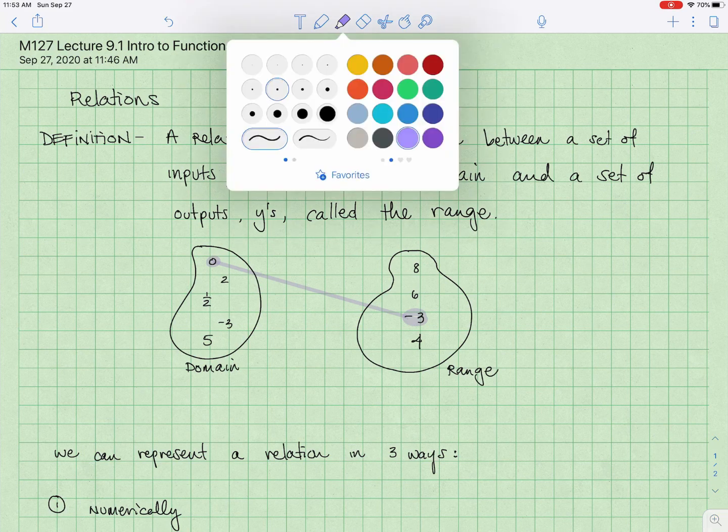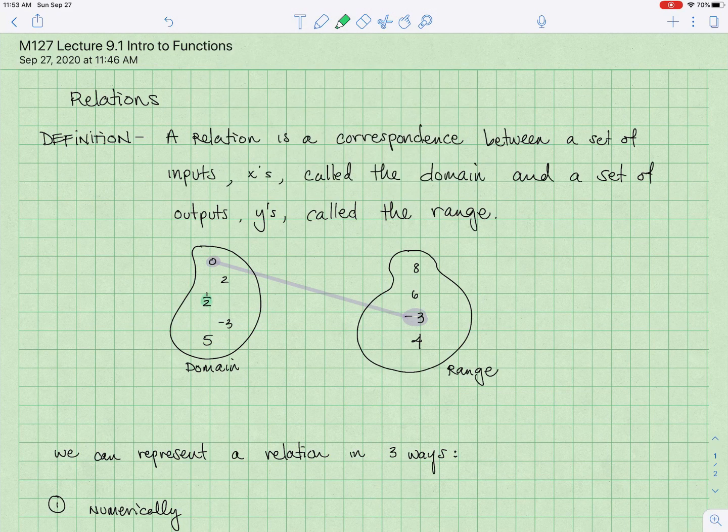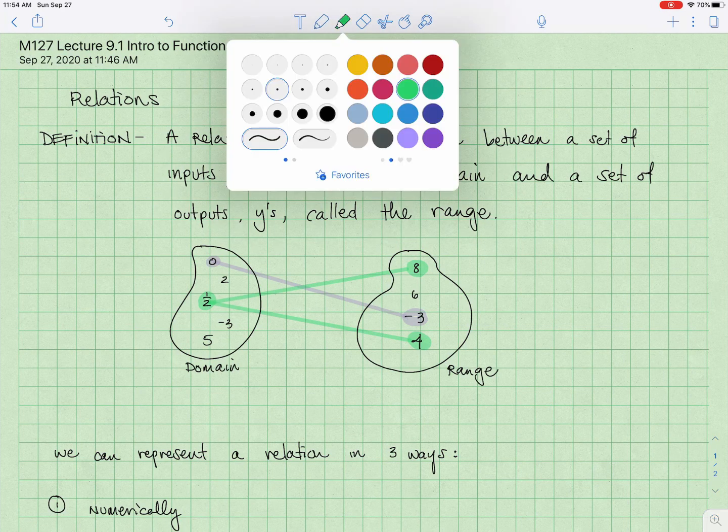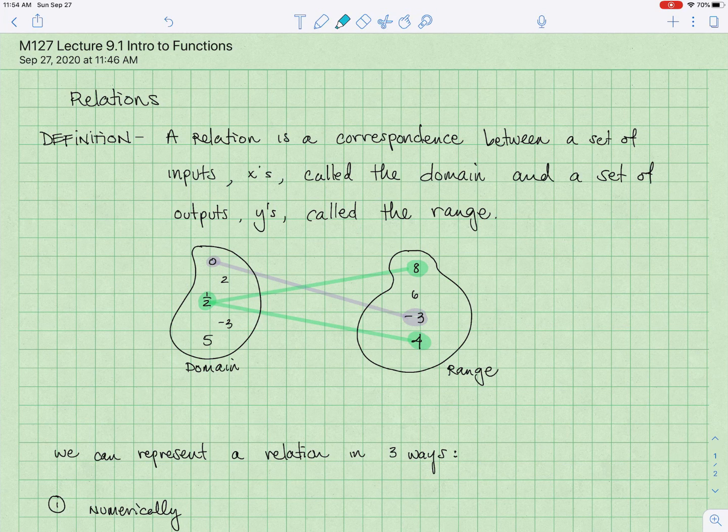We can choose some other relationships here. Maybe 1/2 is related to the number 8. And it doesn't have to be that 1/2 and 8 are the only two correspondents that use those values. We could have 1/2 also matched up with 4. Or we could have -3 matched up with 5.